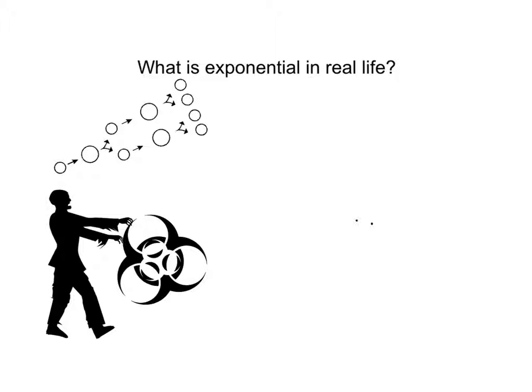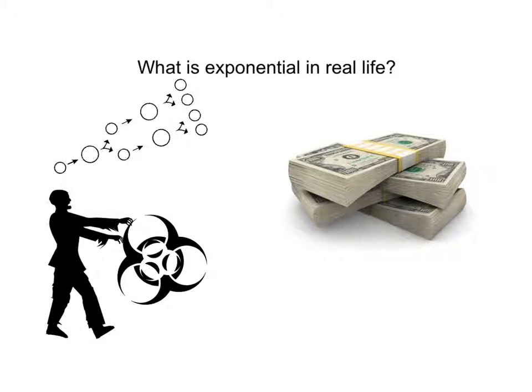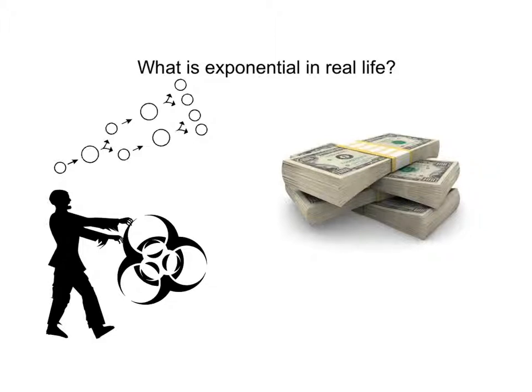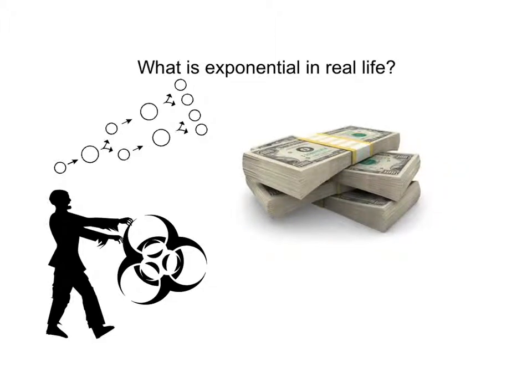One of the other great things you can look at when it comes to looking at this kind of growth is very simple. Money. Money is one of the biggest real-life exponential growth problems in existence whenever we're talking about compound interest at a bank.